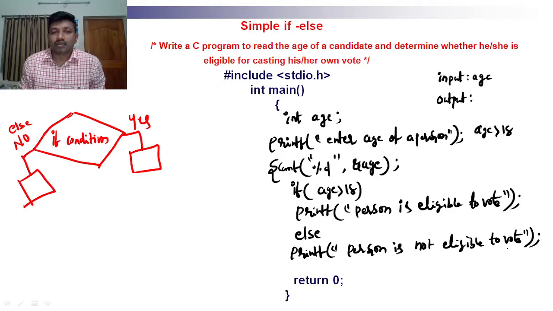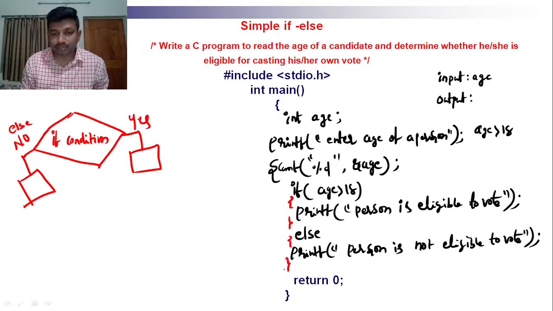Fine, that's what simple if else is, the way it really works. If the condition is true, we execute the block inside the if. You can add curly braces for this also, but I am not keeping them because only one statement is there. If you want, you can add them.